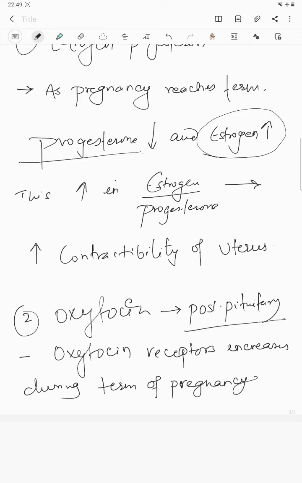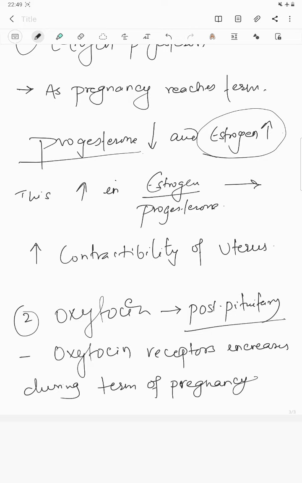In the video that I have given the link to, it is shown how oxytocin acts on myoepithelial cells of the mammary gland and helps in release of milk. The same thing happens in the uterus. Oxytocin released from the posterior pituitary acts on its receptor and leads to contraction of the muscle.